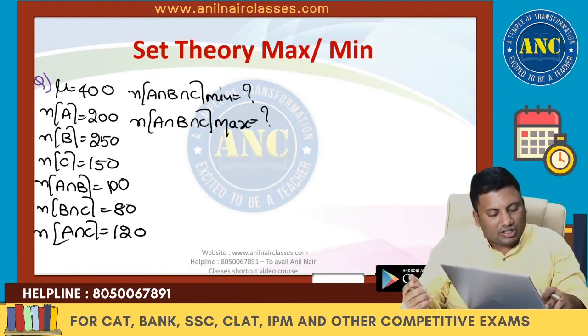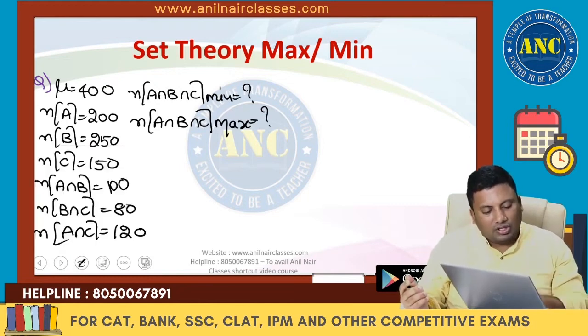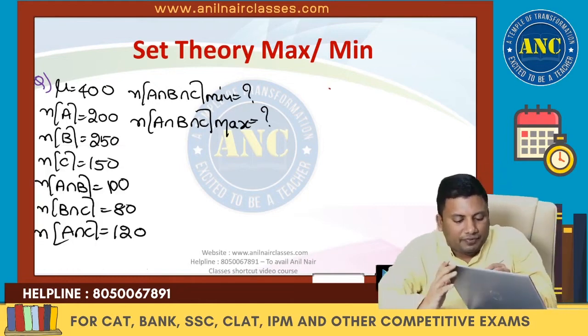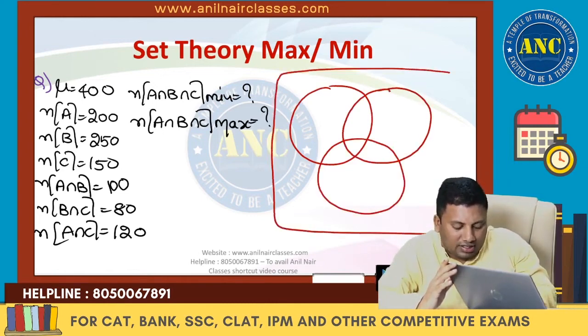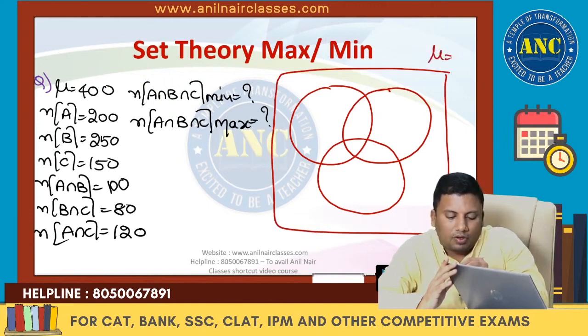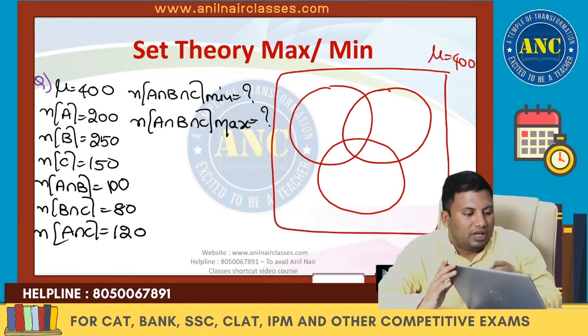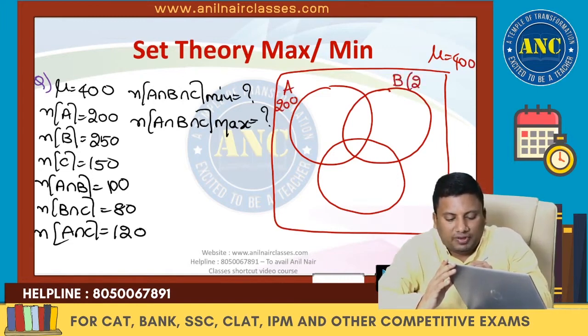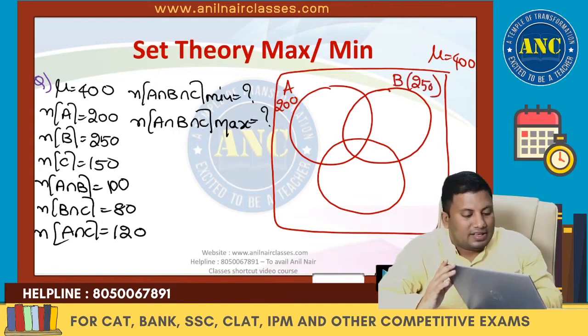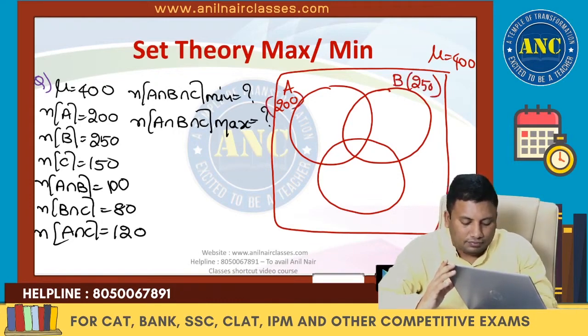Once you understand the approach, you can solve this question very easily. So these circles. Total mu is given as 400. A is 200, B is 250, C is 150.